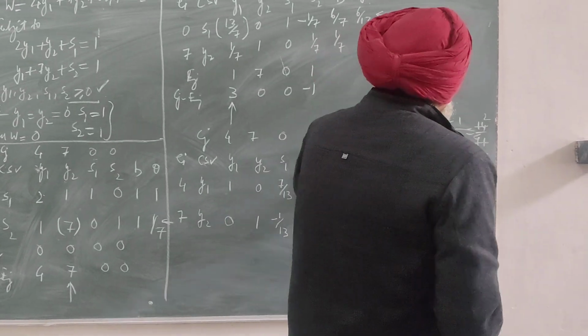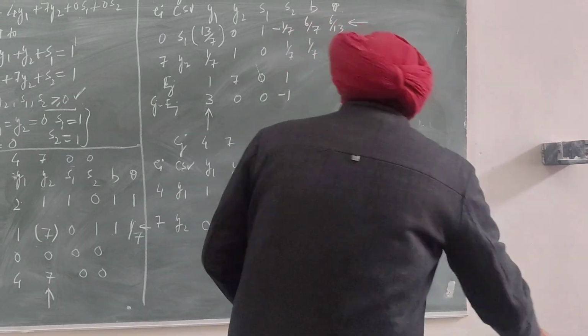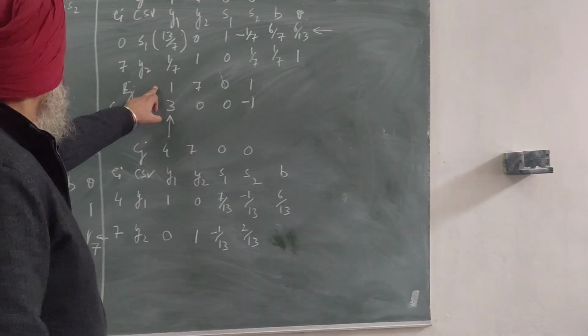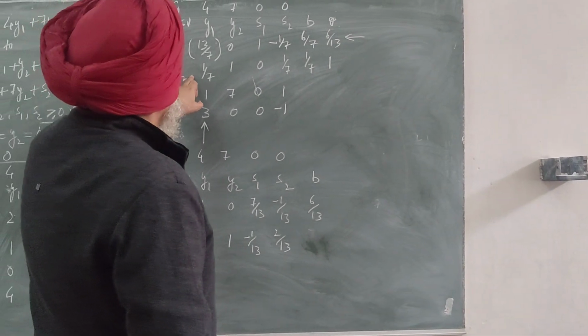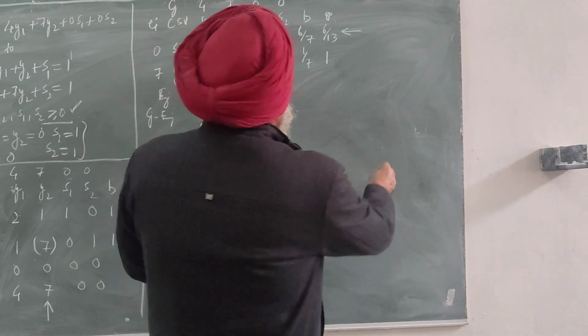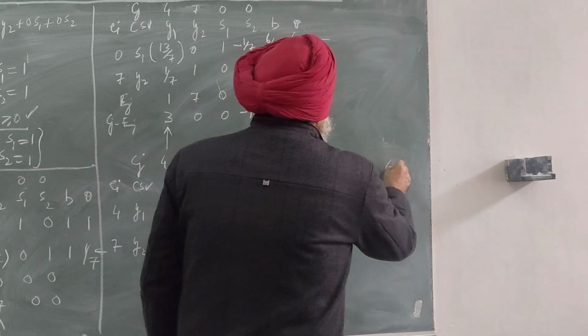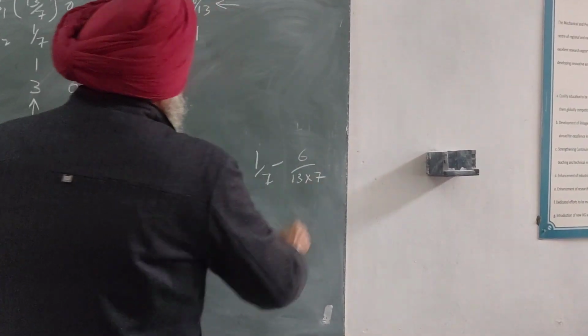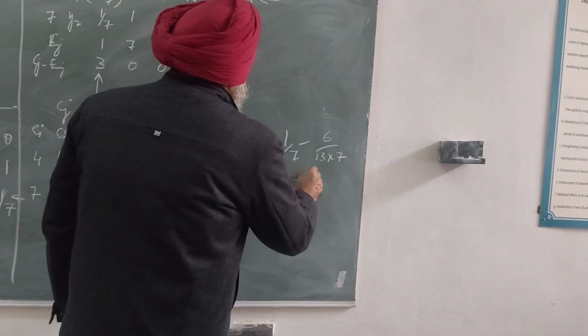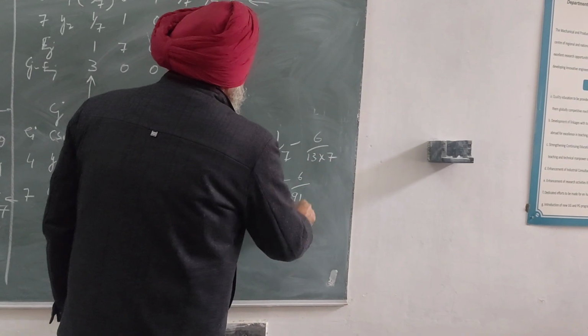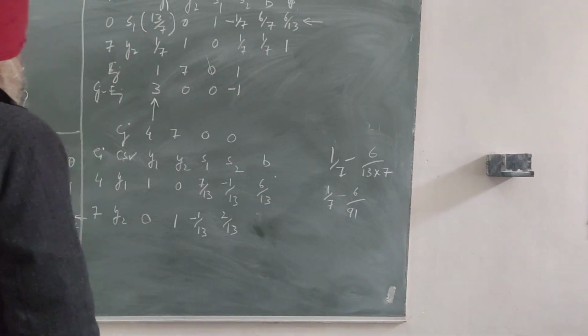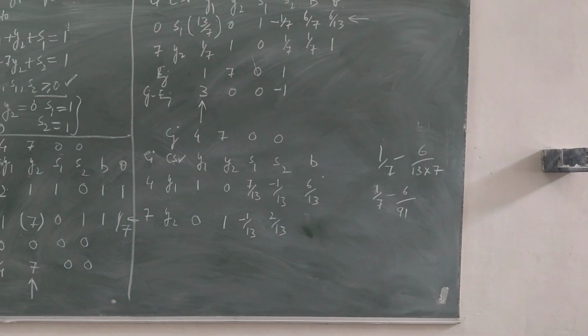Look at here. What is the value here? Here it is 1 by 7. Clear? And this has to be divided by 6 over 13 into 7. Clear? 1 by 7 minus 6 over 91.